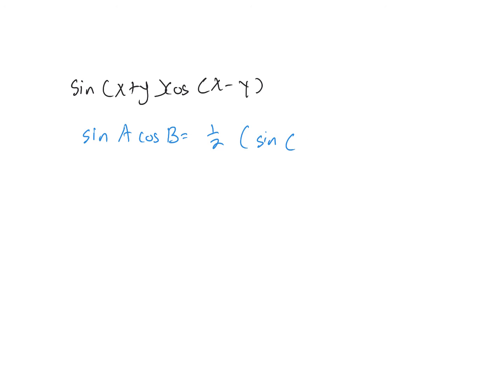Let's say we have sine of x plus y times the cosine of x minus y. Well, now this is sine times cosine, so I'm going to use the formula. Sine of A times cosine of B must equal 1/2 sine of A plus B plus sine of A minus B. I'm going to plug in my units accordingly.